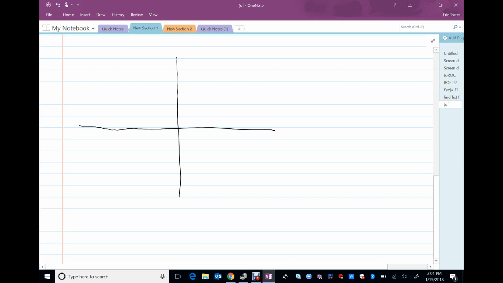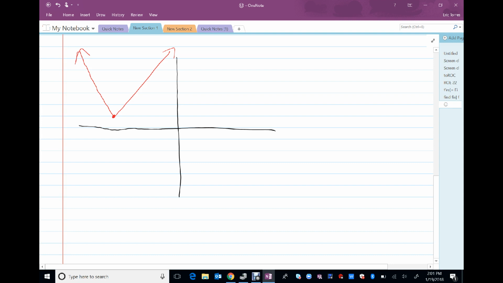This is an interesting function here. This might be a good example of an absolute value function. So what I really have is two rays, two pieces of a line, one going to the left, one going to the right from this point.